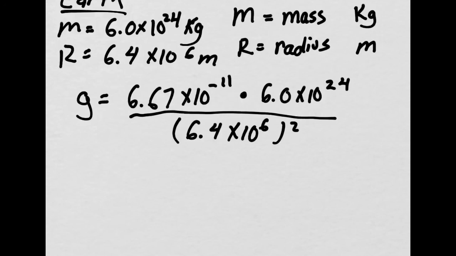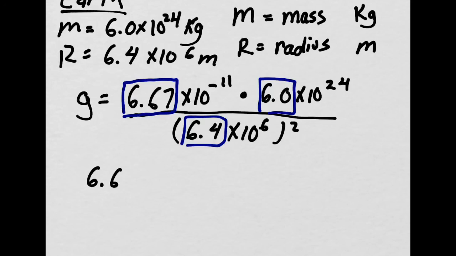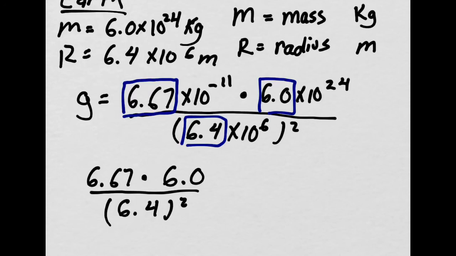It looks complicated, but it's actually very simple if you break it down into two steps. The first step, we're going to look at the prefixes of everything. So if we just do our prefixes, we have 6.67 times 6.0 divided by 6.4 squared. Don't forget, this square applies to the prefix.